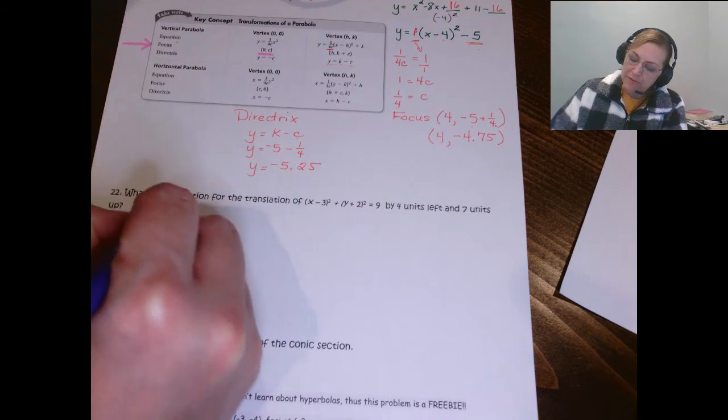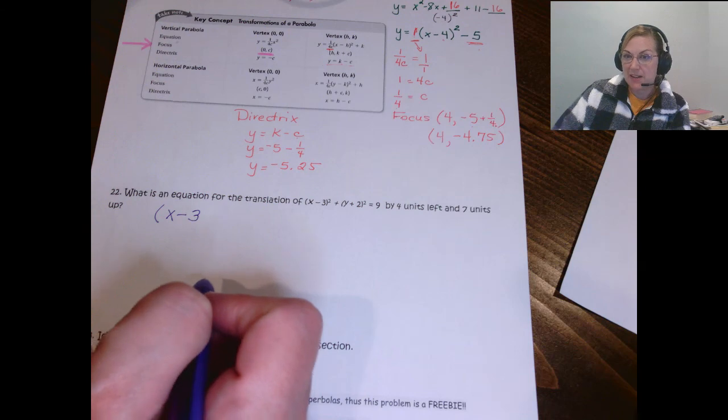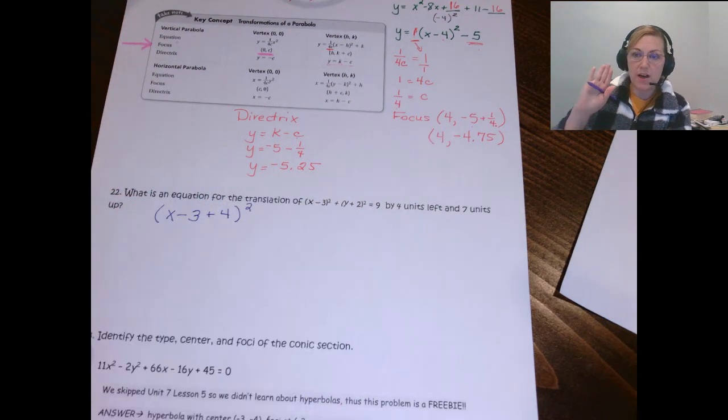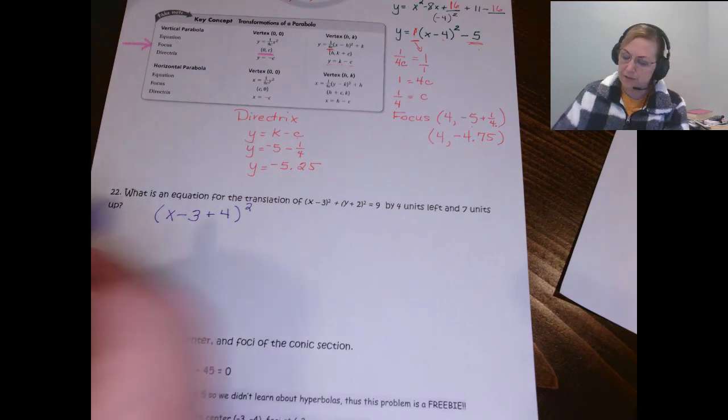So if I'm going to go 4 to the left, I'm going to have to add 4 in there. Now you may be saying, whoa, whoa, whoa, left would be minus. It normally would, but when it's in a parentheses, I have to go the opposite of what I naturally would think. And I'm with you. Left is minus. So I'll go the opposite since it's inside of a parentheses.